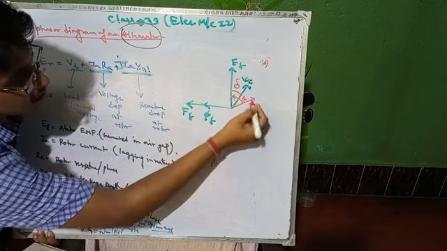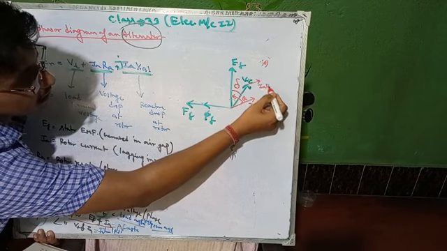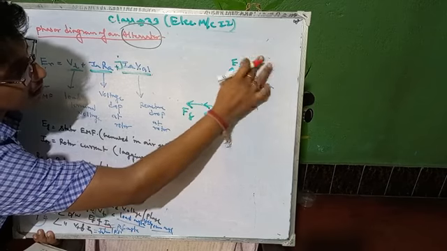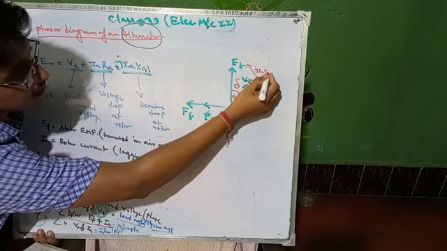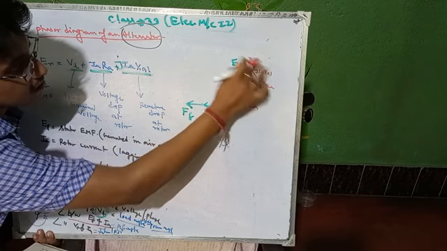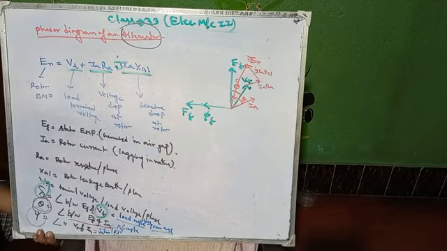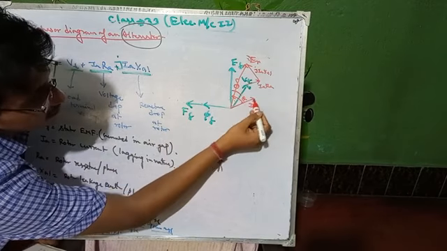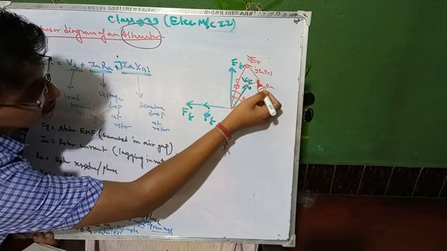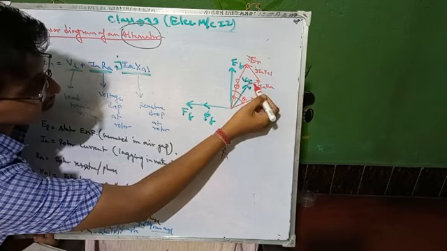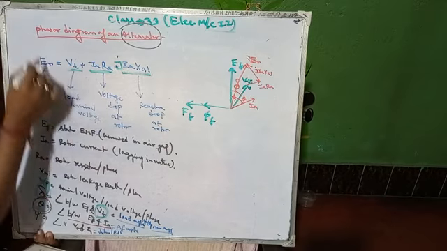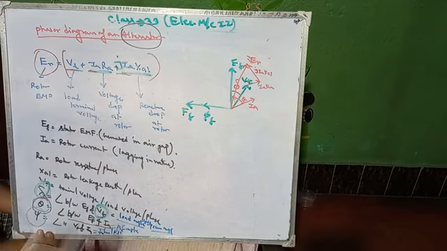Ia Ra will be in phase with Ia, and j Ia XL will be 90 degrees from the Ia Ra drop. After reaching the peak, if we join it from the origin, we get E_R. This E_R is the sum of these three phasors.